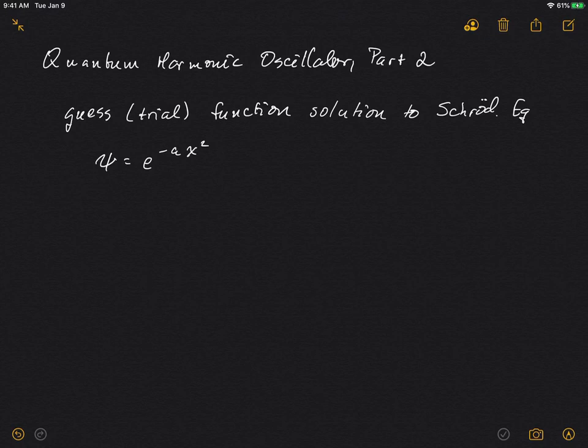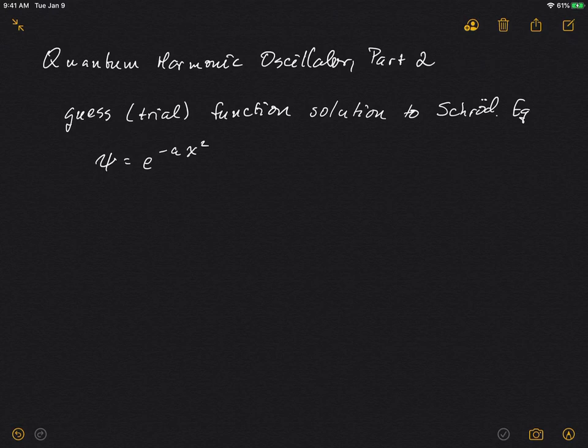And we need to have a function that when we take the second derivative of it, it's going to give us back some kind of x squared term. And then we can work from there and try to adjust our function to fit the differential equation.